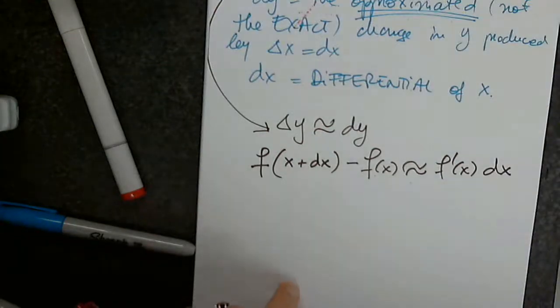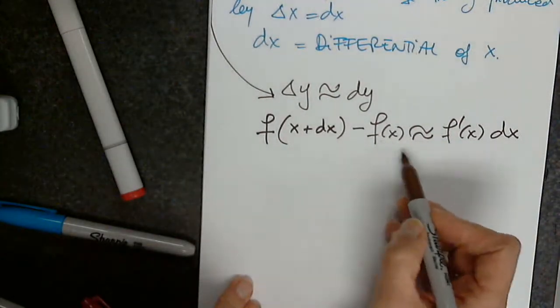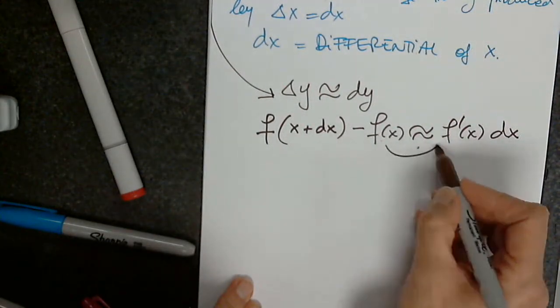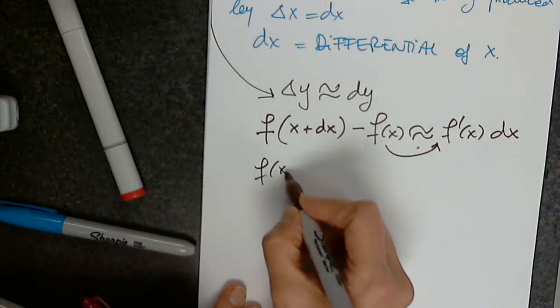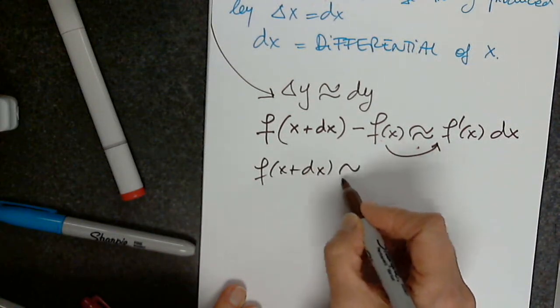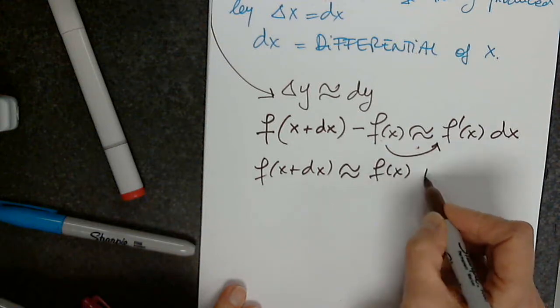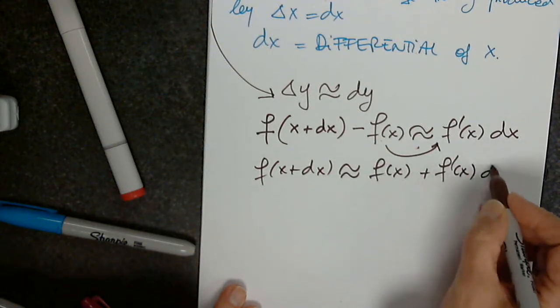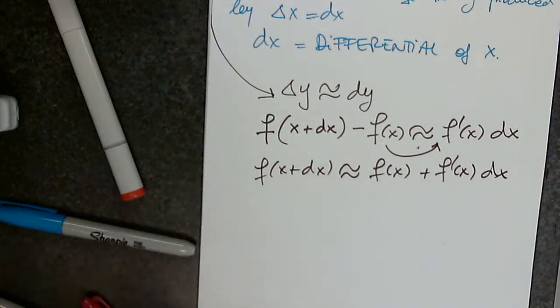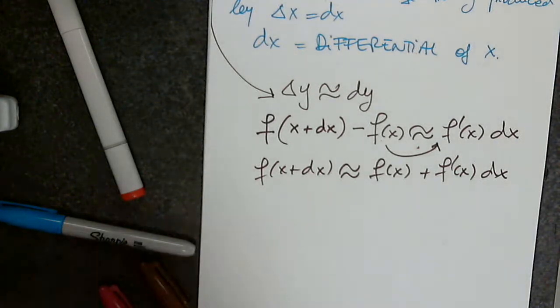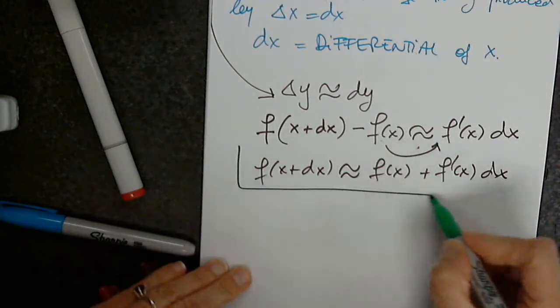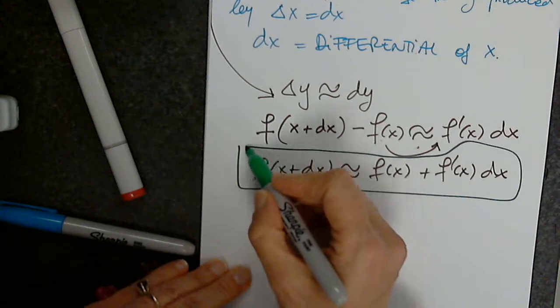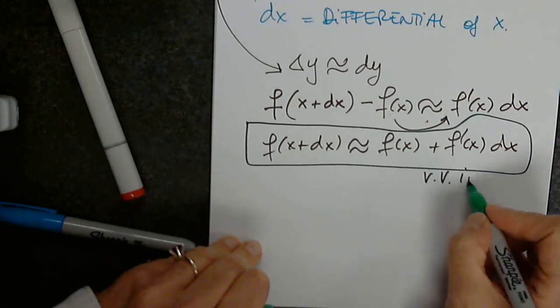Very good. And now I'm going to add f of x to both sides. So then f of x plus dx is approximately f of x plus f prime of x dx. Super important result, and I'm going to show you an example right now. Very, very important.